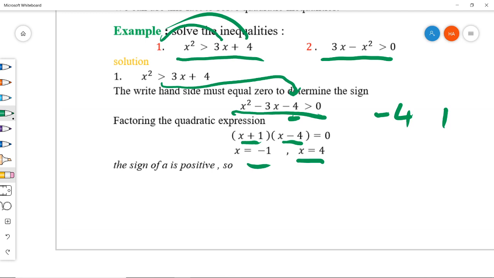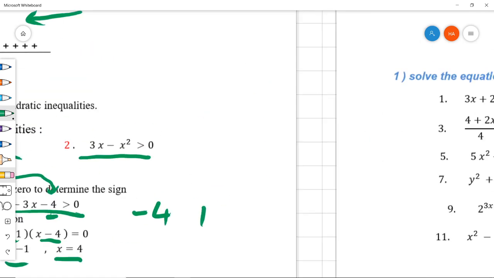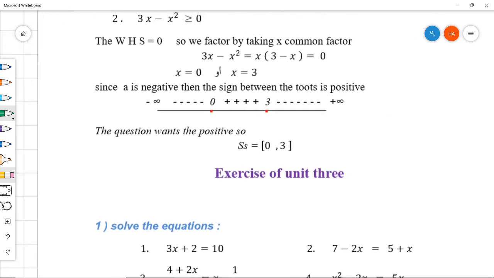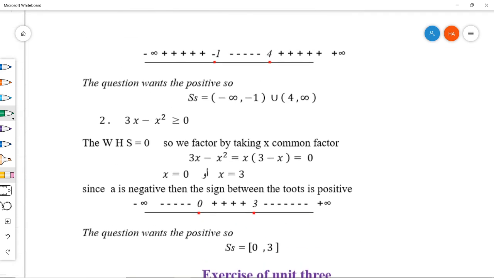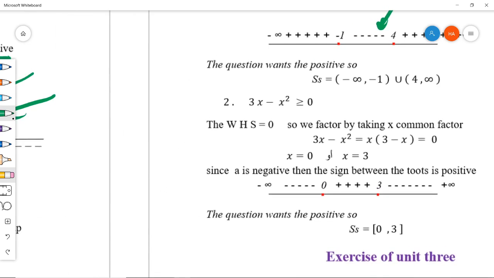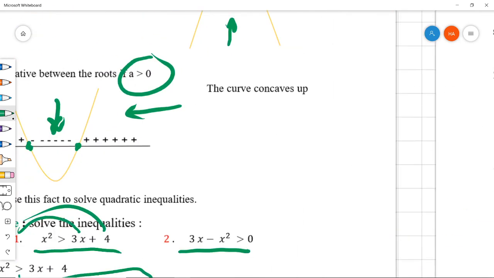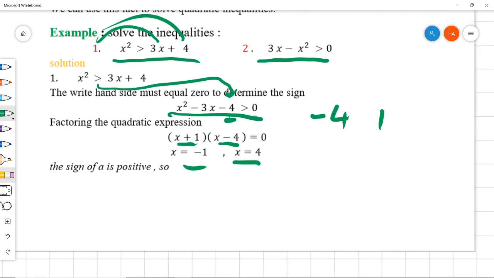Now we put the roots on the line here, and we now determine that the sign between the roots is negative. How? There are two methods. The sign of A here is positive.